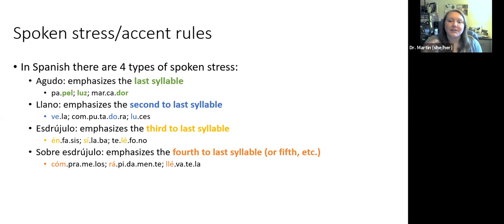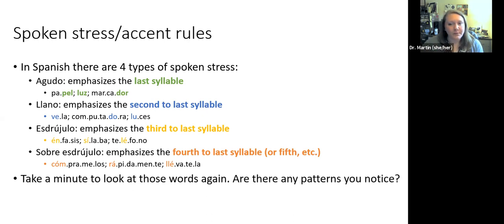So these are any words that emphasize the 4th, 5th, 6th to last syllable. All right, and these are words like cómpramelos, rápidamente, llévatela, right? So notice these words are often the ones where we're adding in those pronouns, like our direct or indirect object pronouns to a verb, okay?